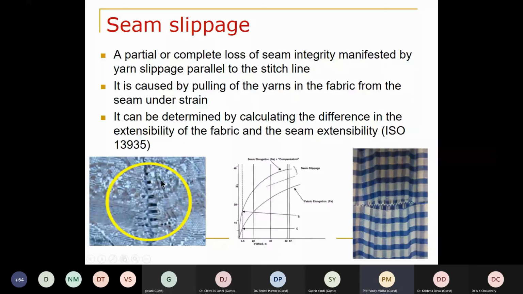And we can measure it by calculating the difference in the extensibility of the fabric and the extensibility of the seam as per the standards. So the testing which we did for seam strength testing is the same testing; only the difference between the seam elongation and the fabric elongation will give you the seam slippage.